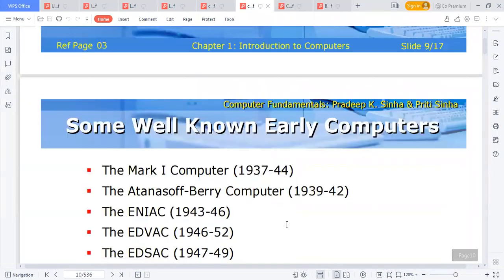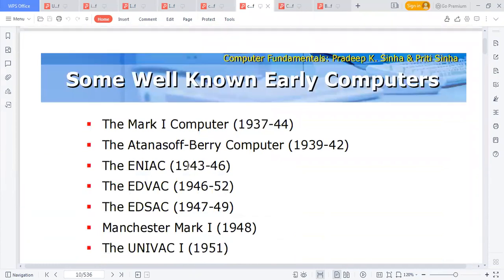Some well-known early computers: first of all, the Mark I computer. This is the very first computer, 1937 to 44. The second one is the Atanasoff Berry computer, 1939 to 42. The ENIAC, 1943 to 46.